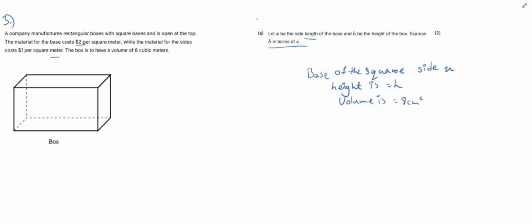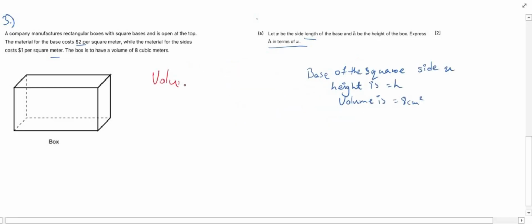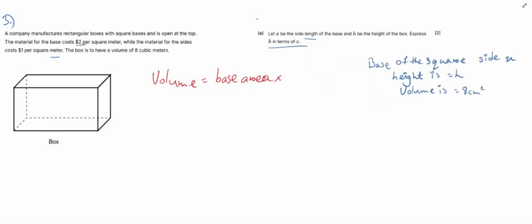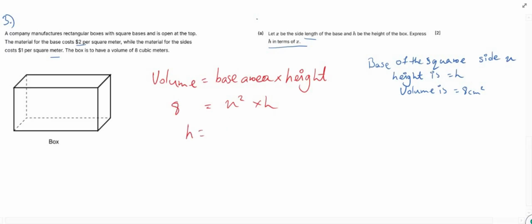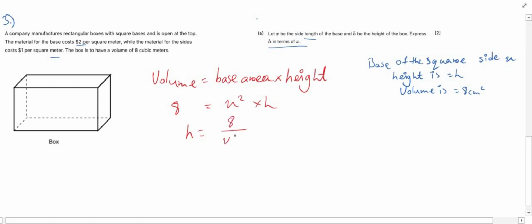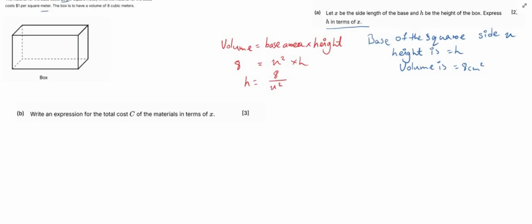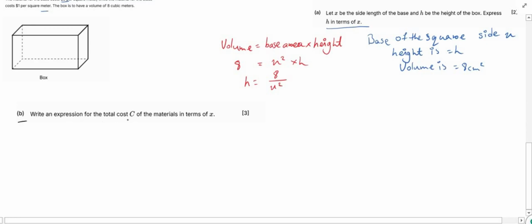The volume formula for this is volume equals base area into height, and the base side is x, so it will be x squared into h, and the volume is 8. So the answer will be h equals 8 by x squared.